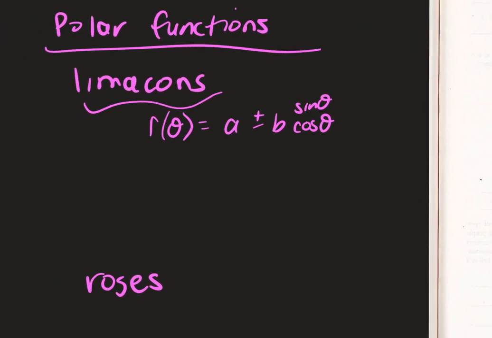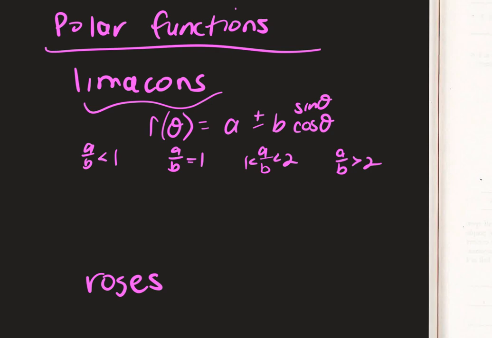And we start with a over b being less than 1, then being equal to 1, then being in between 1 and 2, and then being greater than or equal to 2. Is that how it was?